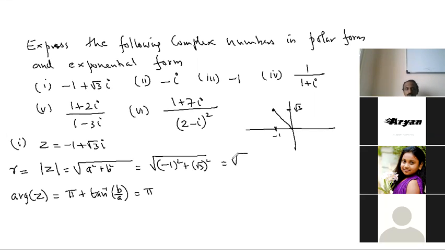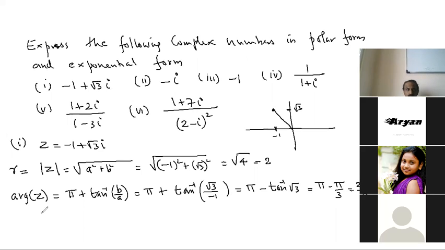I'm sorry. Tan inverse b by a, b is root 3 upon minus 1. Pi minus tan inverse root 3, pi minus pi by 3, 2 pi by 3.